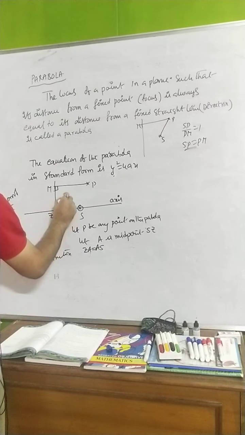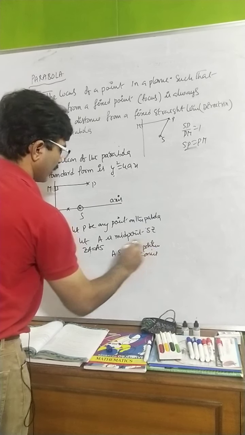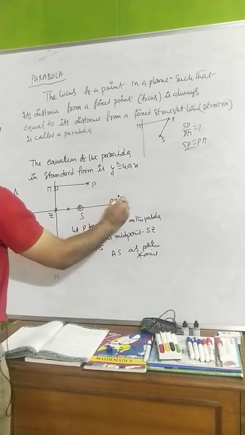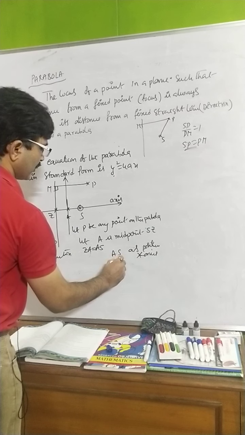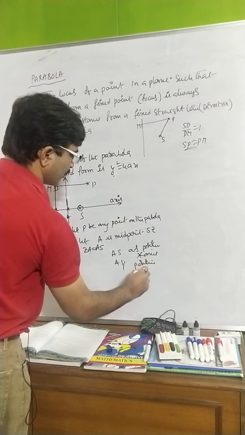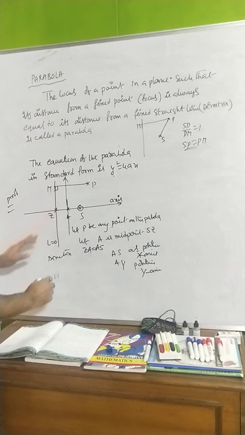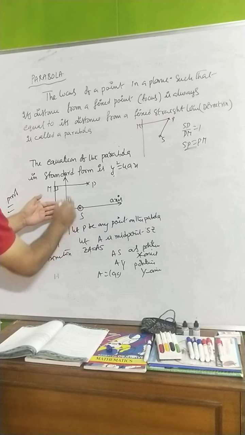Now if I assume the midpoint, I will consider AS as the positive x-axis. Then at A I draw a perpendicular line, and I say AY is the positive y-axis.